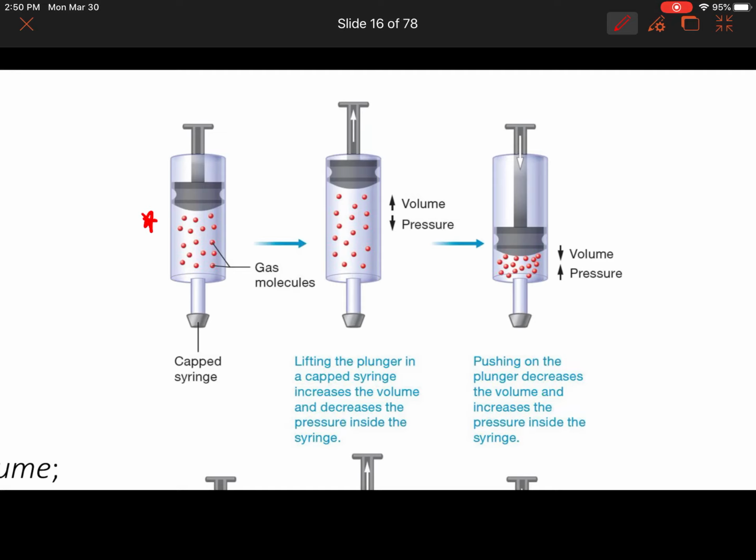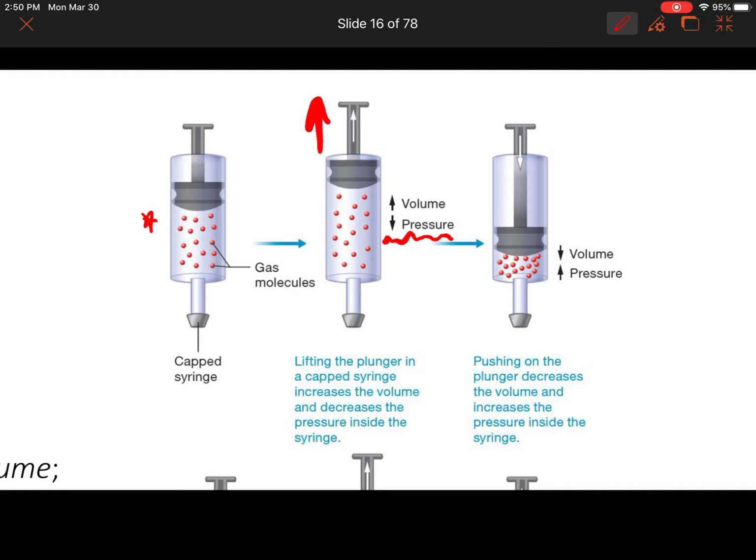Now, if we take this syringe and draw back the plunger, that allows for more volume within the syringe cavity. However, what that is doing to the pressure of the gas within that volume is to reduce the overall pressure.